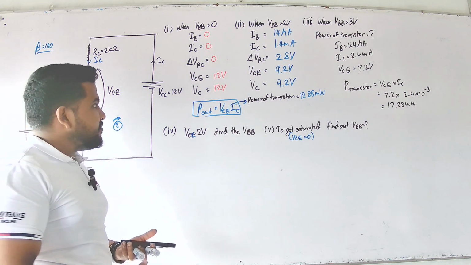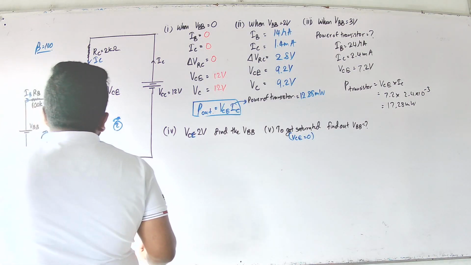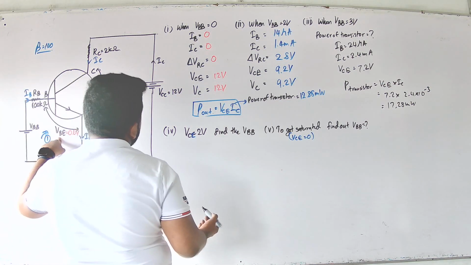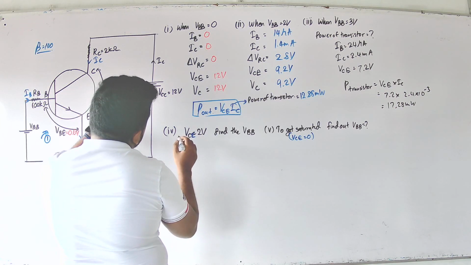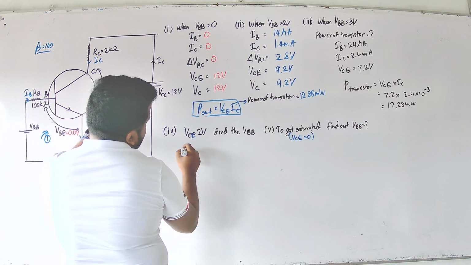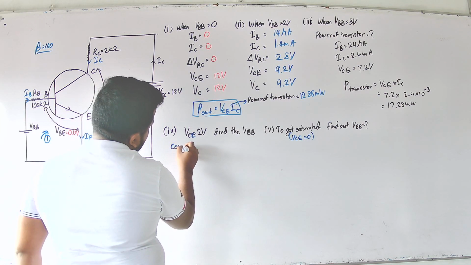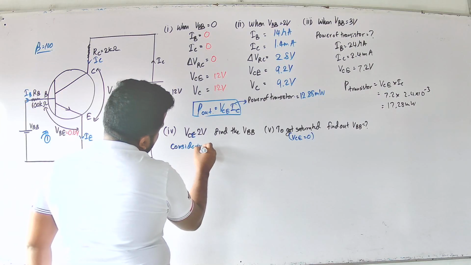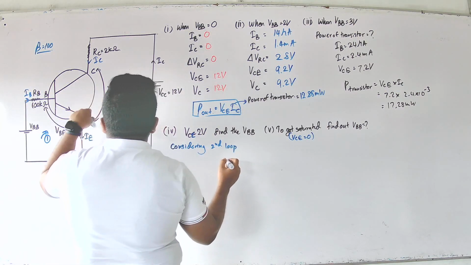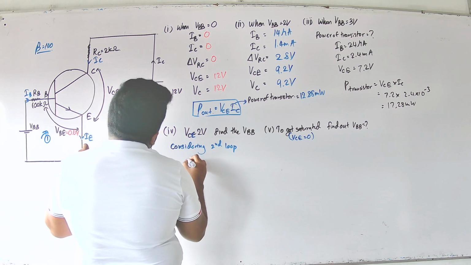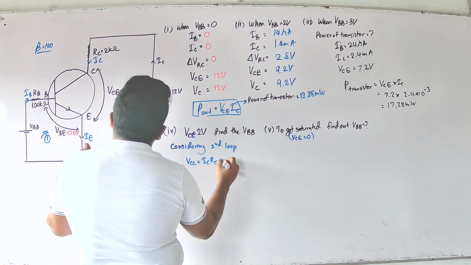So what is VBB for this VCE? We have to find out first of all what is the IC. Considering the second loop, VCC equals ICRC plus VCE.